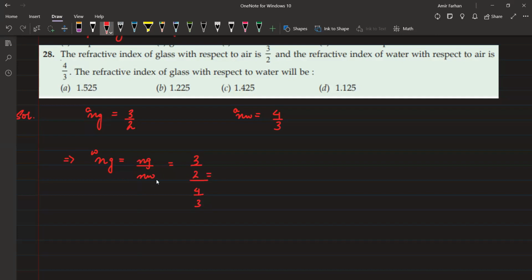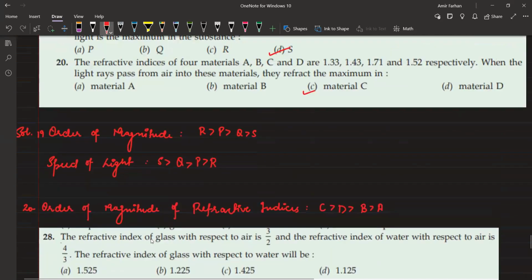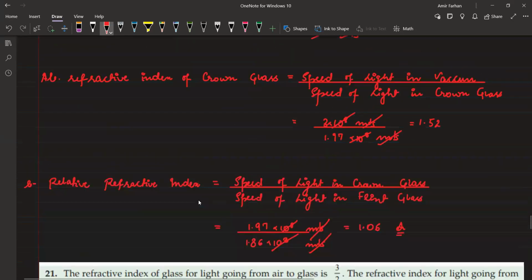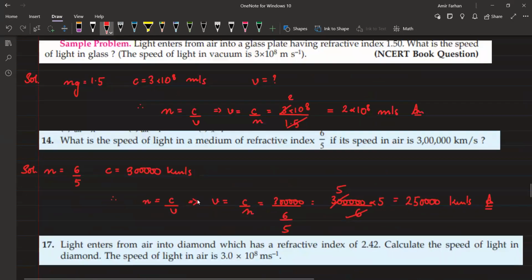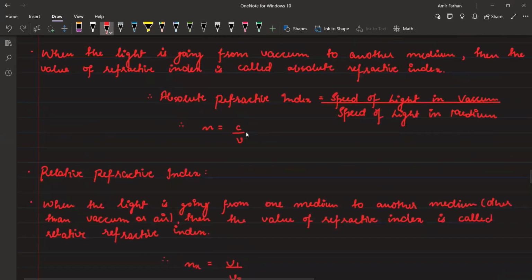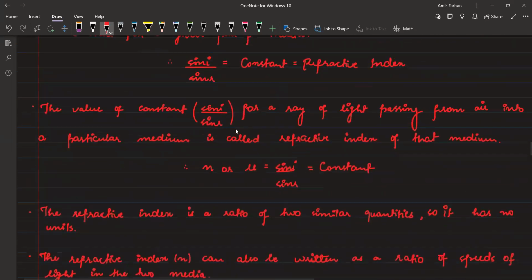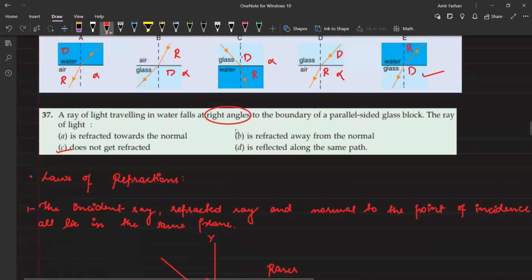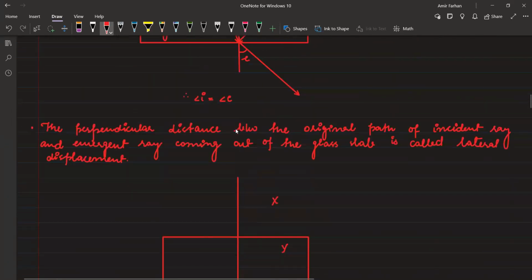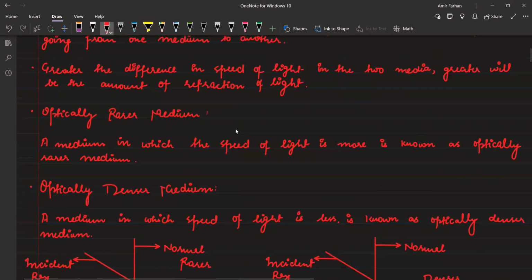Nabila, this is in the refractive index. When we take the numerator as a reference medium, we use speed. In the last class, I wrote somewhere about the relative refractive index in terms of absolute refractive index. I'm not able to see where I have written it.